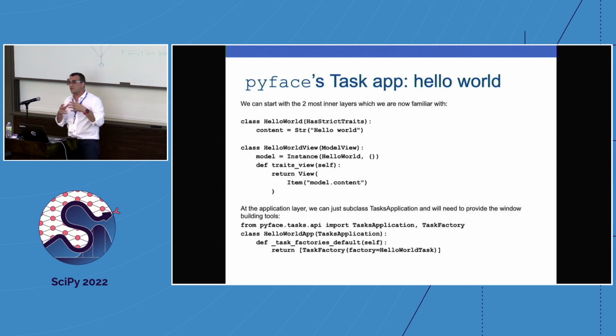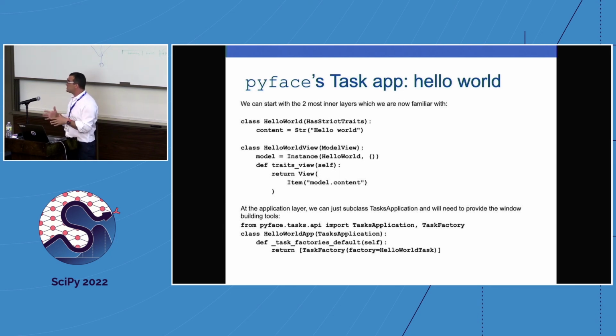By default, if you create a PyFace application directly, there are no task factories, so it doesn't know how to make any task. Of course, it's just a base class, right? So you know what window you want, and in this case, for example, the simplest possible thing is to say, I just want a hello world task.